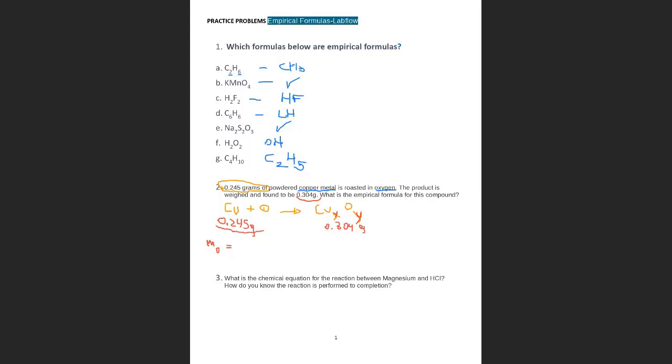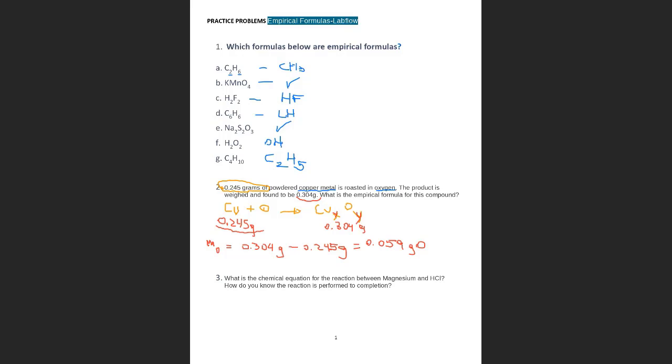The mass of oxygen is going to be the difference, 0.304 grams minus 0.245 grams. If you do that, you are going to obtain 0.059 grams of oxygen. So we did the first step.